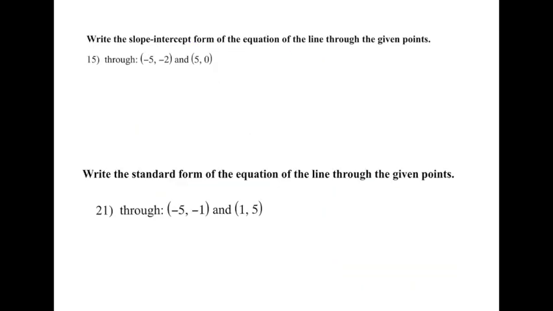If you look at these two sets of problems, both of them gave you 2 points, okay? The first one wants it in slope-intercept, so you would do your y equals mx plus b. The second one wants it in standard form, so your final answer needs to be ax plus by equals c. For both of these, you need to solve for your slope because neither one of them gave you your slope.